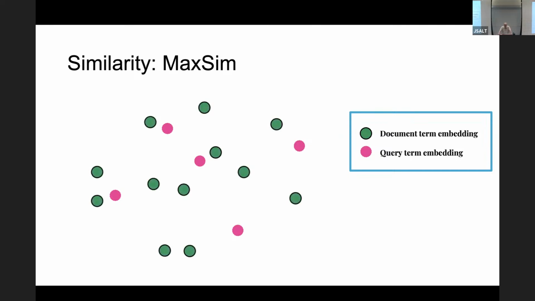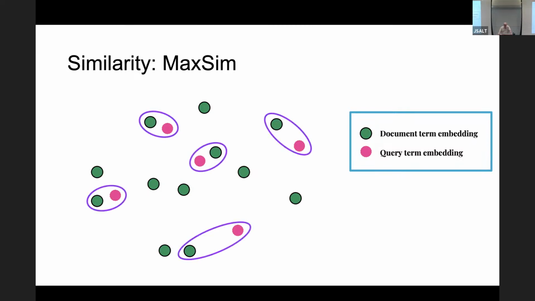And here's our document, in green with the black circles around them. MaxSim basically just says, for each query term, what is the closest document term to that query term? Okay, so for each query term, you find the one closest vector in the document.